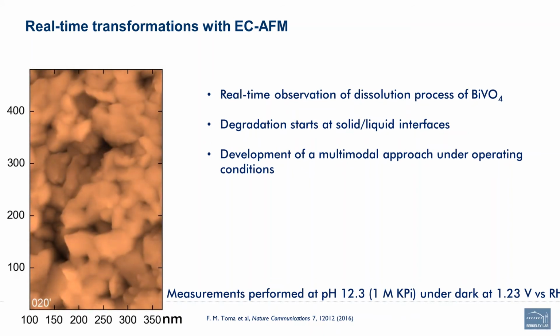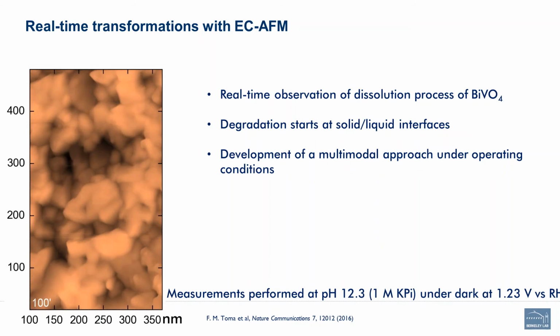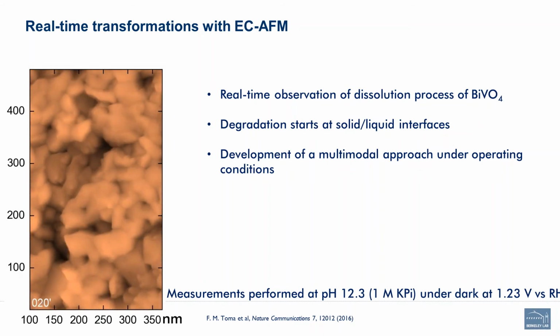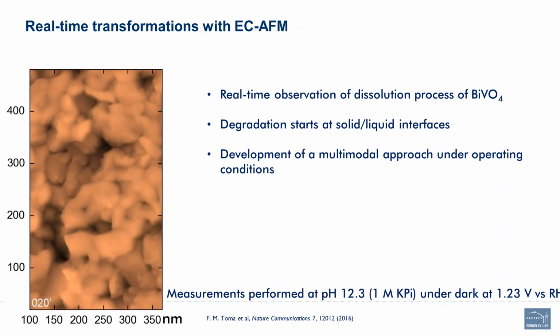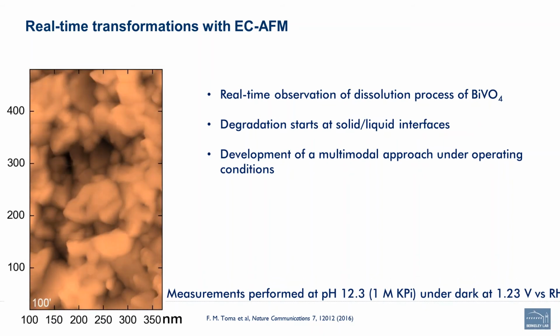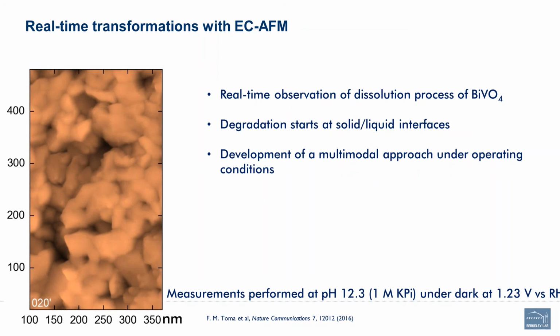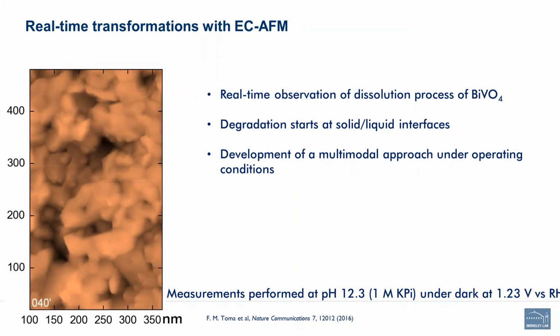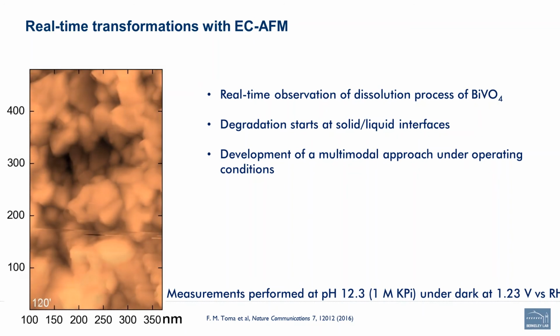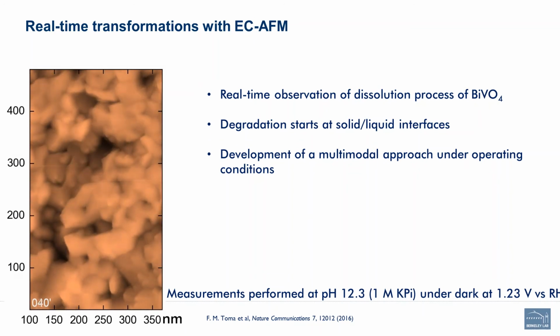Unfortunately not. We kind of found a way around it by just recording current maps at different potentials, but unfortunately we don't have access to the data cube mode right now. But it definitely would be really interesting to use this kind of module for that kind of measurement.